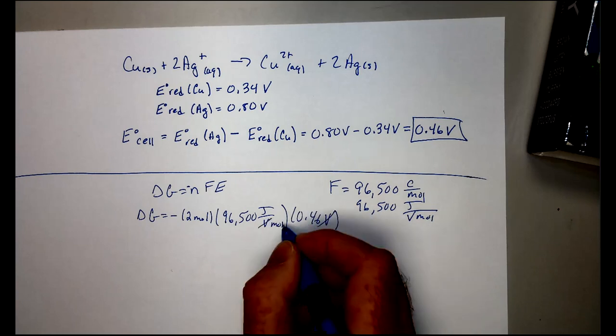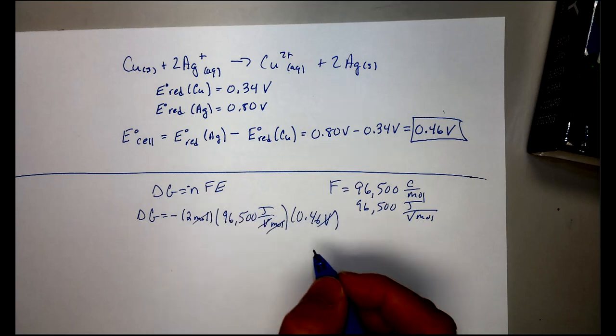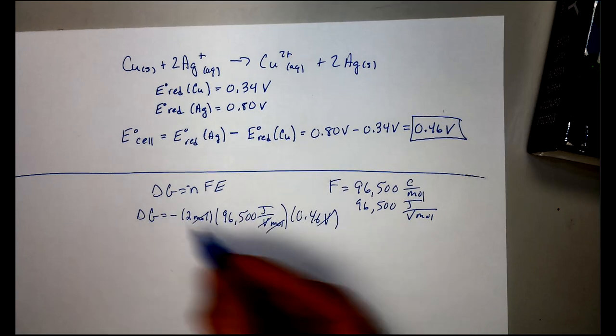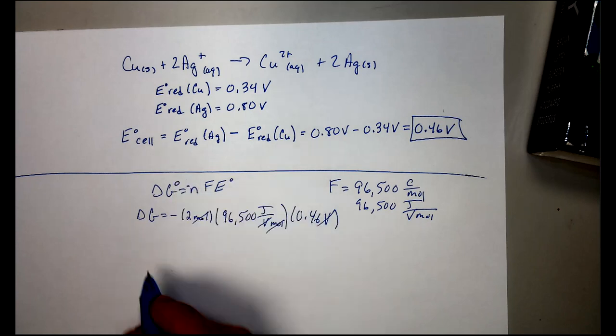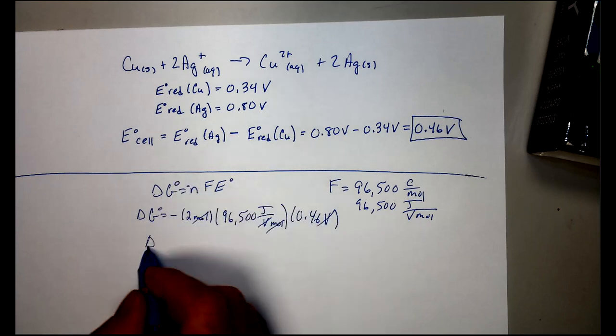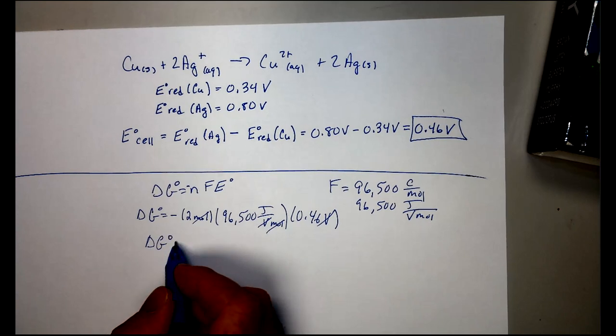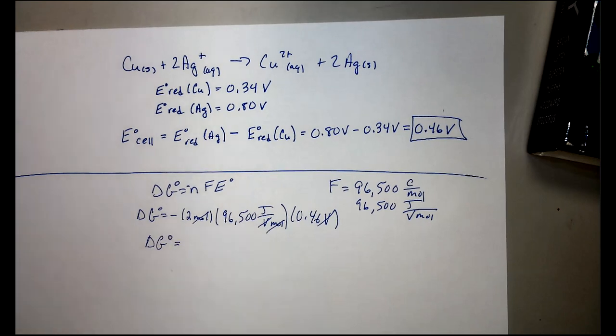Volts are going to cancel, moles are going to cancel. We're left with joules. And if E is standard, which it is, then that means delta G is standard. So delta G standard equals, and then we're going to run that all through our calculator, negative 2 times 96,500 times 0.46.